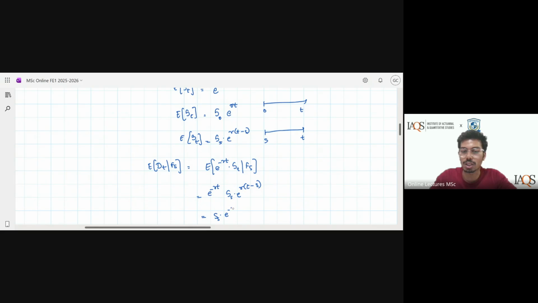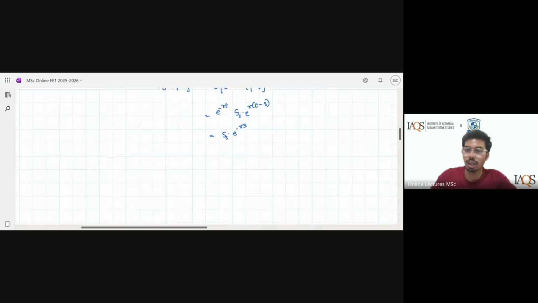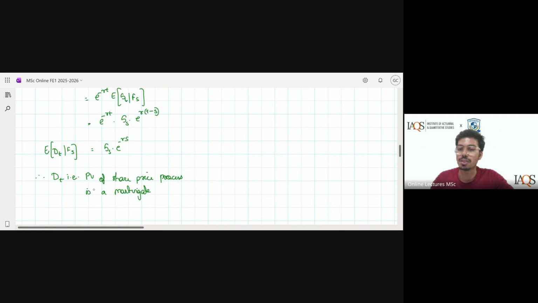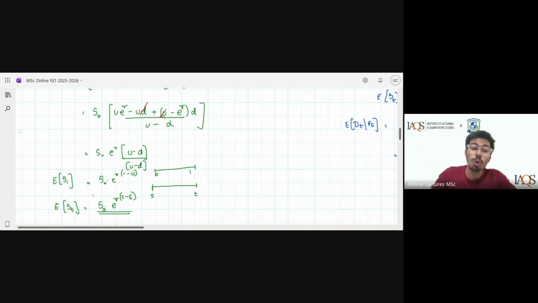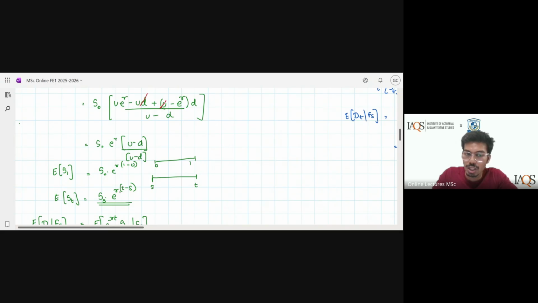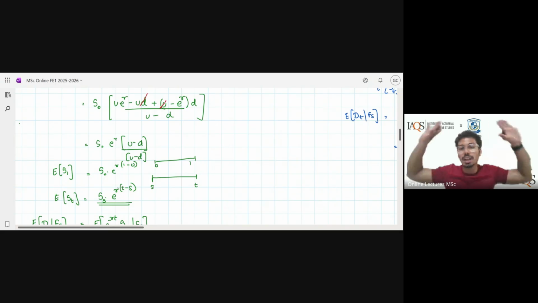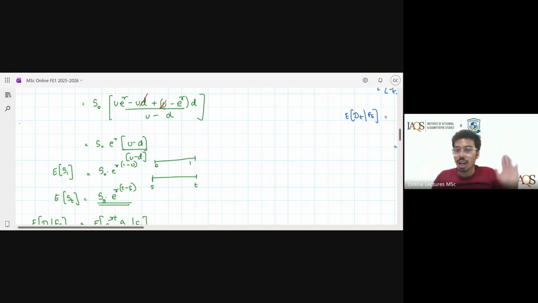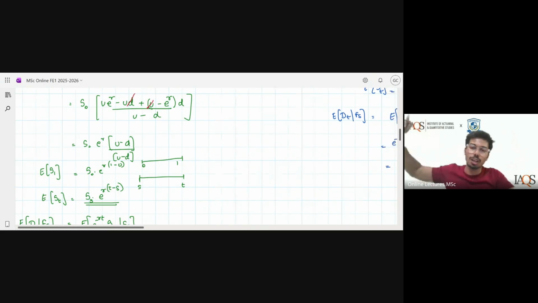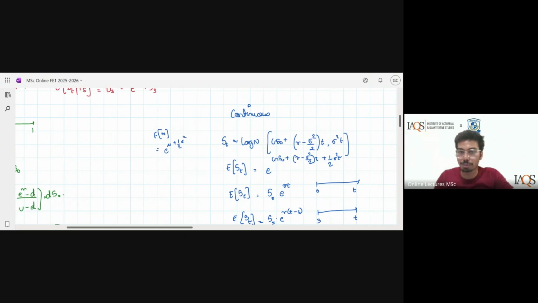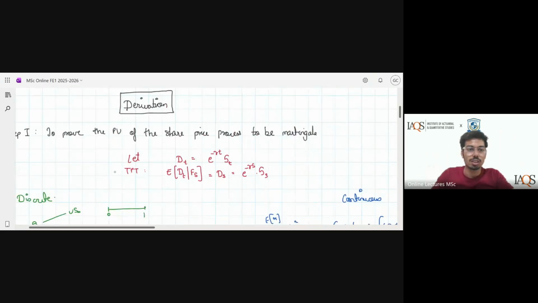What do I get? SS into e raised to minus rS. Therefore, under continuous also, I proved that DT is a martingale. It's just that how you arrive at expectation of HT equal to SS into e raised to r(T minus S) is different under discrete and continuous. Under discrete, you use your binomial model. Under continuous, you use your distributional form. Everyone fair? Everyone understood? All right.